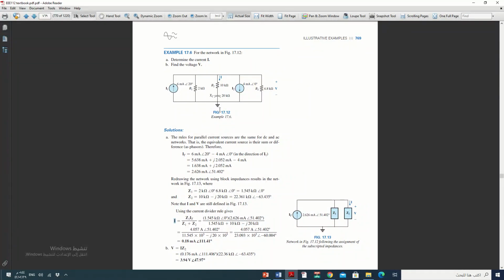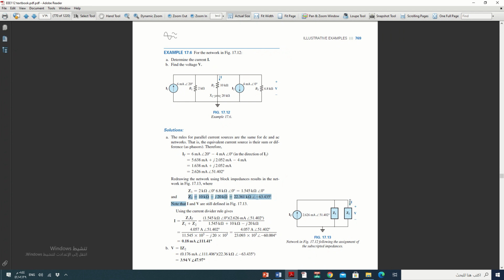After we find Z1, which is R1 parallel with R3, and Z2, which is R2 series with XC, we can redraw the circuit. I total, 2.626, with Z1 and Z2. We know Z1 and Z2 are in a series branch.